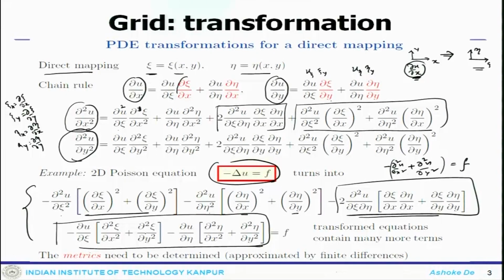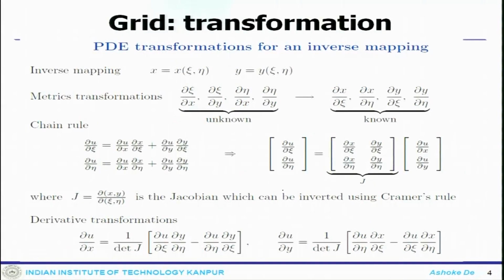Once I transform that, I get del 2 u by del xi 2 with a square term, del 2 u by del eta 2 with some square term, but some additional terms appear because of this transformation, and so you need some sort of a matrix correlation to do that calculation. Now, once you transform to the new system, you get your solution done and then you do the inverse transformation. How do you do that?